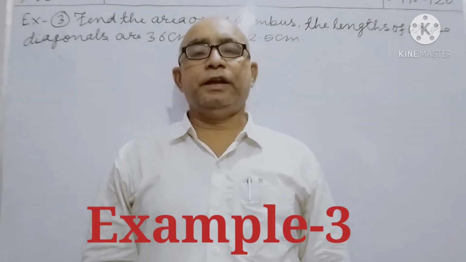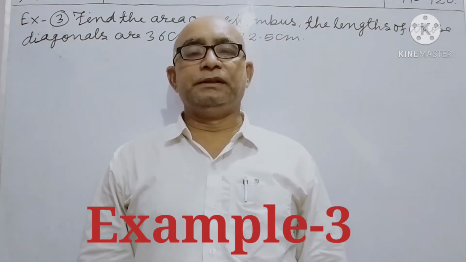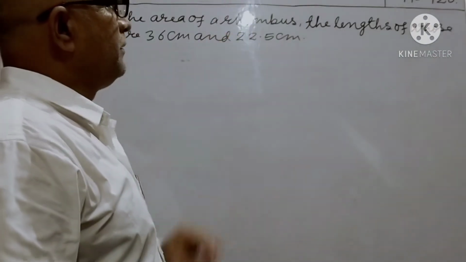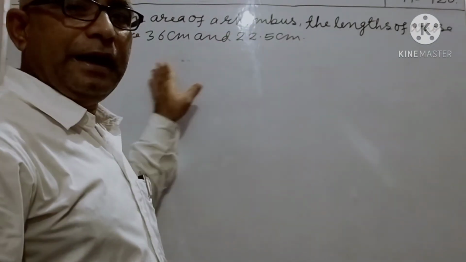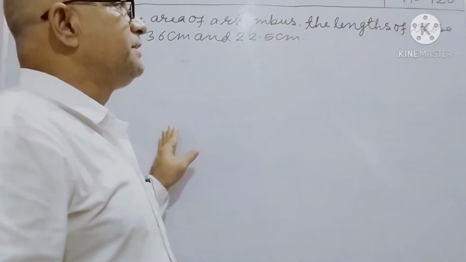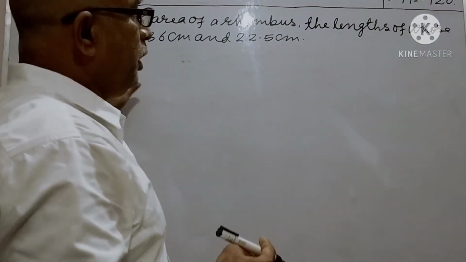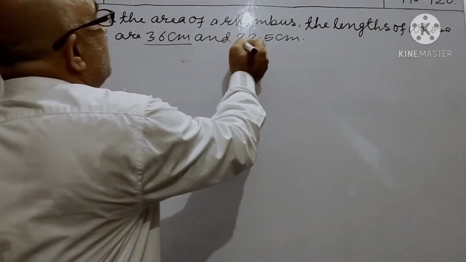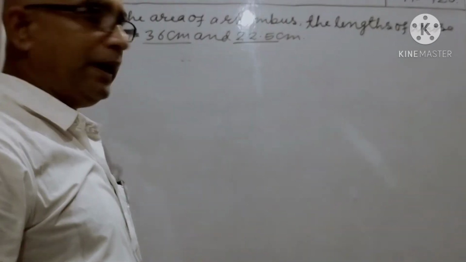Students, next question is example 3. In this question, find the area of a rhombus whose diagonals are 36 cm and 22.5 cm.